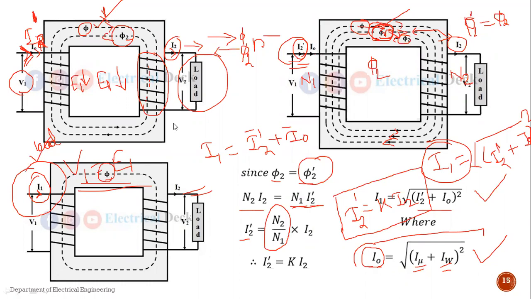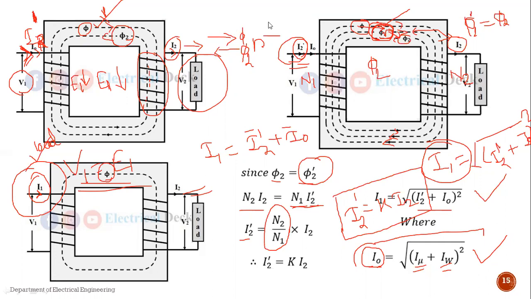When the resultant value of flux is reduced, automatically the induced EMF in the primary coil is reduced. That is, if initially it was E1, the induced EMF reduces because the flux is reduced, according to the equation. You know the equation, we have derived the EMF equation: 4.44 f phi m into N1.